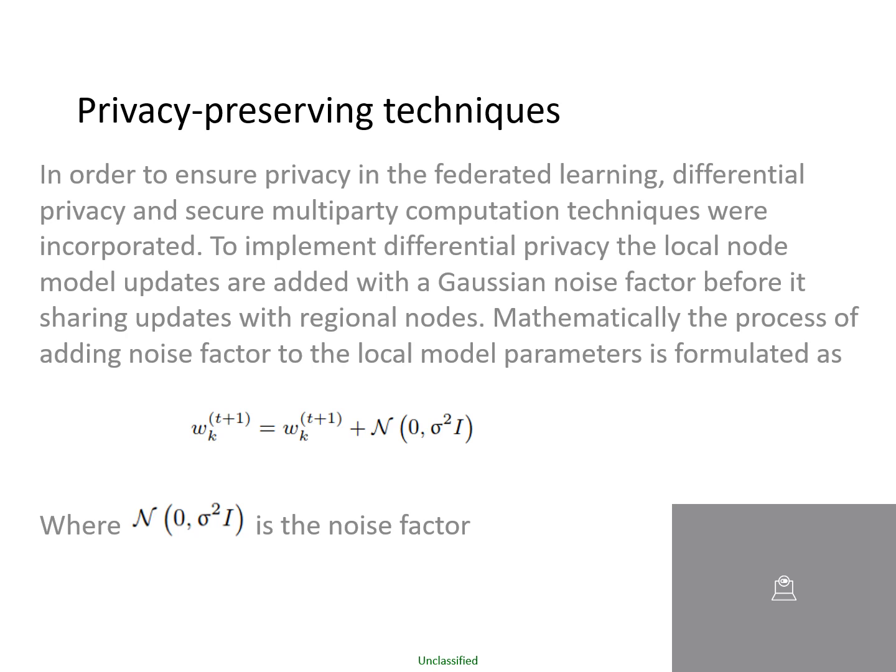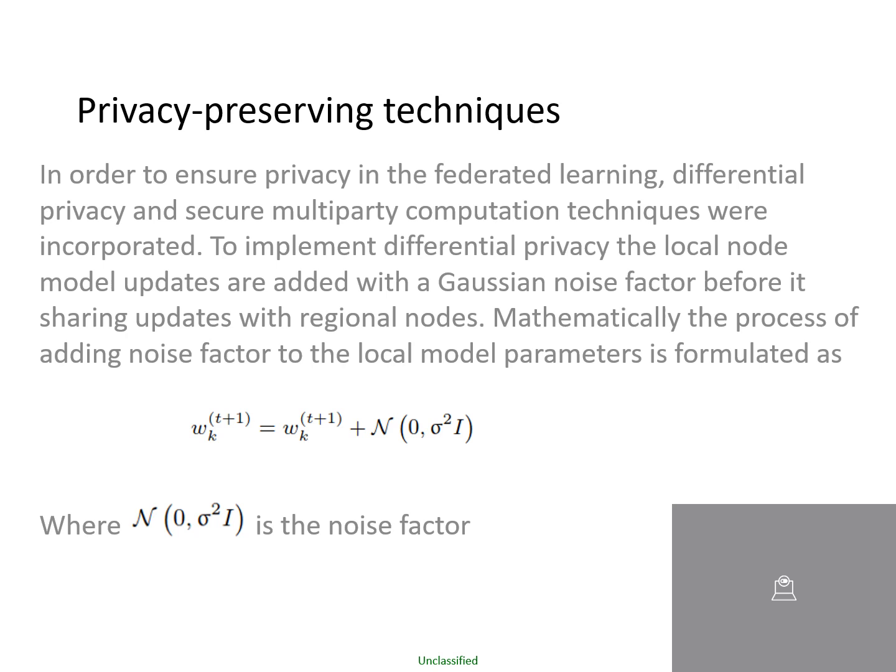Now, at local level, noise is added before data is sent to the central server. Now, at local node, our central server can be the regional servers. Globally, noise can be added to aggregated results or model updates.